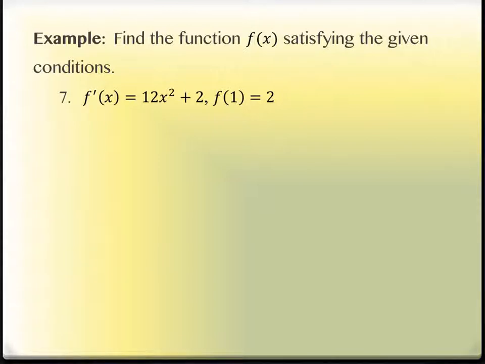This one says, find the function f of x satisfying the given condition. This is the place where we're going to figure out what c is for this particular problem. All right, so before we do that, we're actually going to find the general antiderivative.